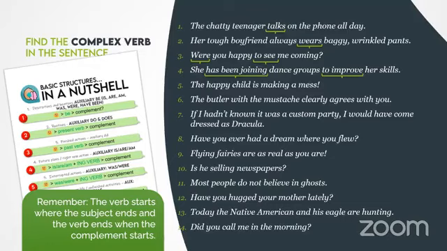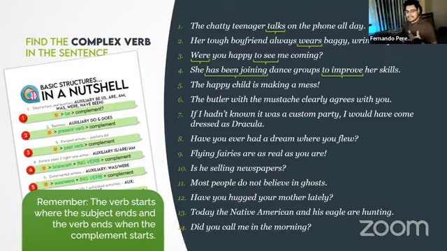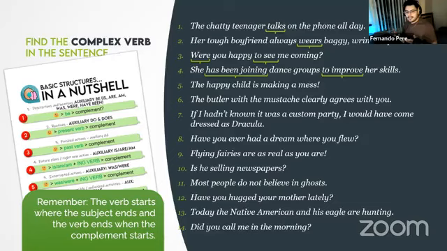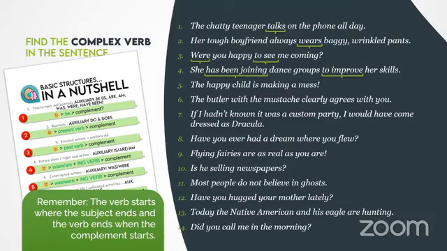The complex verb is a full thing, including the first part and the second part. The first part is has been joining.